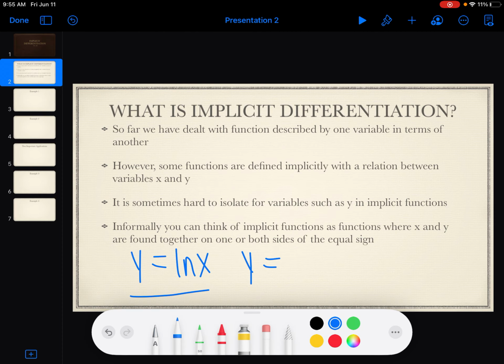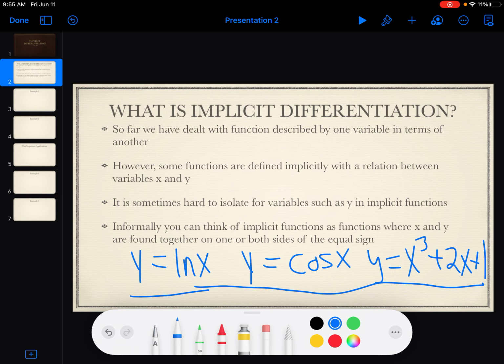Stuff like this, y is equal to cosine x, y is equal to x cubed plus 2x plus 1, stuff like that, where you got y isolated on one side and x on the other side of the equal sign. So it's very clear what y is equal to. And that's basically y being explicitly written in terms of x.